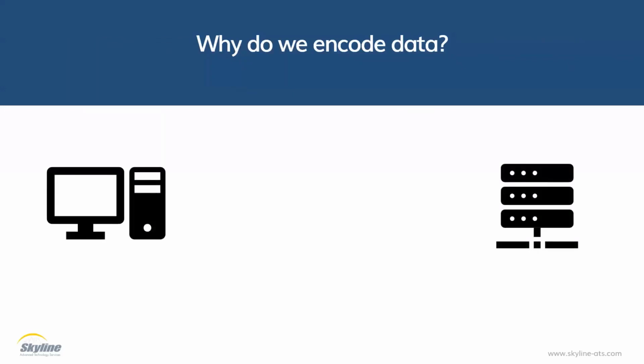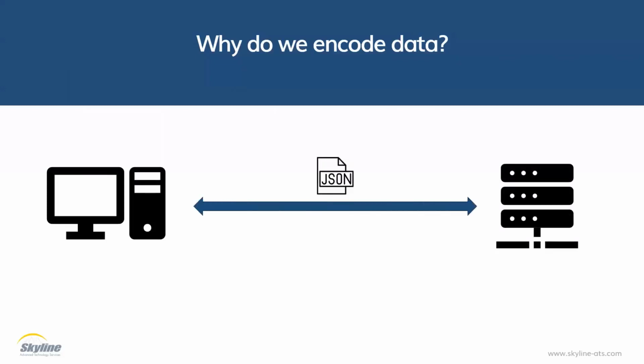If I have a network device, a switch or a router, and an application I've written in Python running on my computer, and I want to send configuration data to the network device, I need to put it in a format so that the network device understands how to read it.